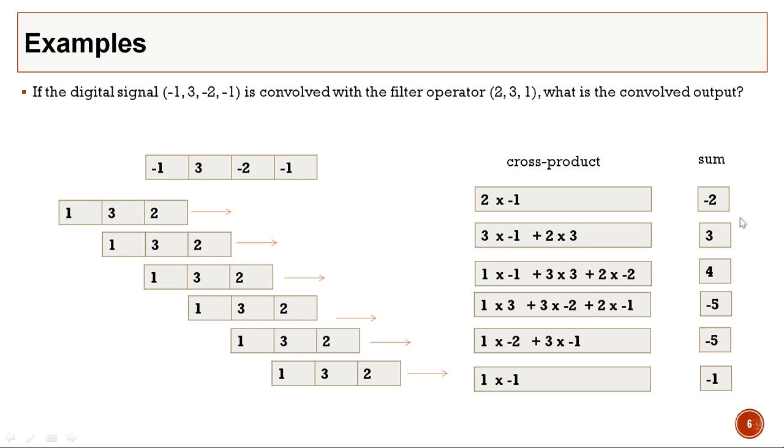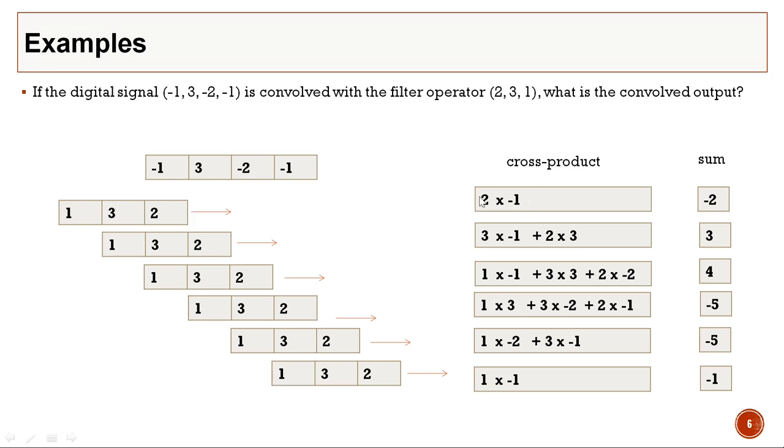So your output length will be 6 elements. First thing is you have to reverse the order of your terms in your filter operator. So instead of writing 2 3 1, we write 1 3 2, and then we start sliding past the other function, which is the fixed array or fixed function.